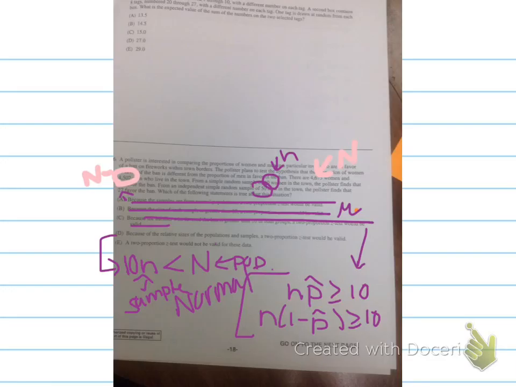Oh, I'm sorry, that is not true there. 10 times 50 violates that, so D is not correct either. So a two-proportion z-test would not be valid. I believe I marked that one wrong. I think I put D on the test, and I apologize if I did that. A two-proportion z-test would not be valid because that violates it right there.